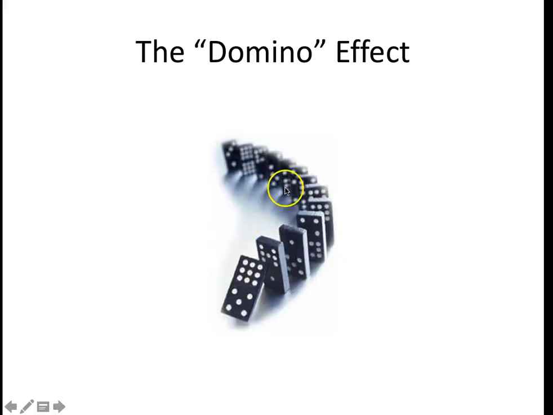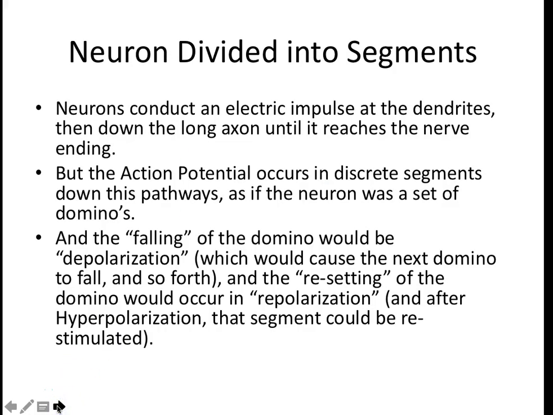Okay, so that's the domino effect, where this would be one neuron, and as you knock into that first one, all the other ones will fall, and electricity flows through that neuron. And this just gets into the fact that it goes into segments.